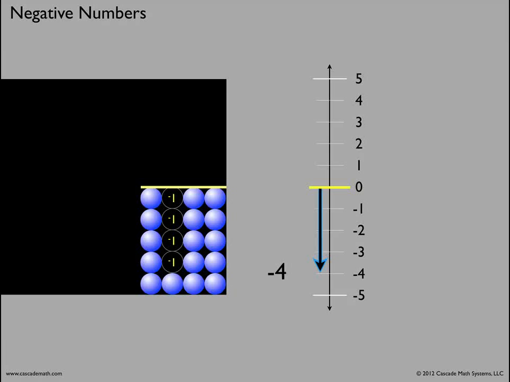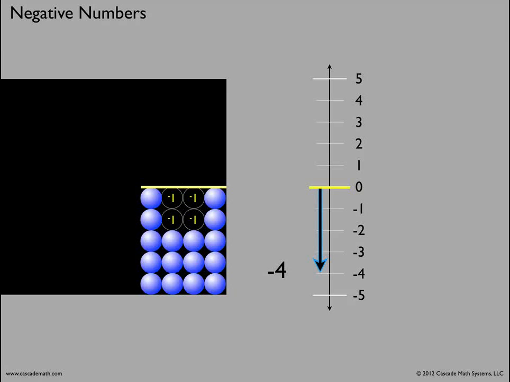Just as the balls above the 0 line represent positive numbers no matter where they were, each empty space below the 0 line represents a negative 1. Let's look at another way we could have placed the spaces. Negative 1, negative 2, negative 3, negative 4.